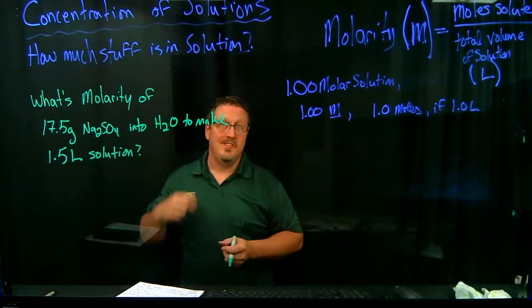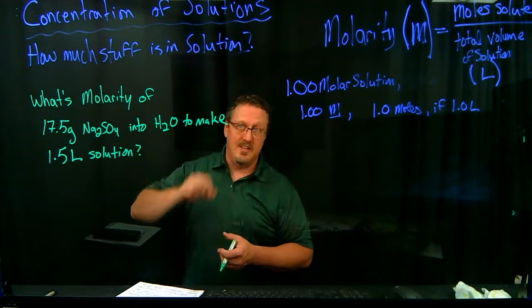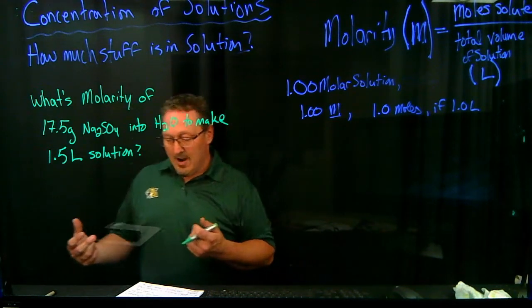This is a pretty easy problem, pretty standard for molarity stuff. We're not going to stay on these very long. We're going to be out into more difficult problems fairly quickly. All right, here we go.